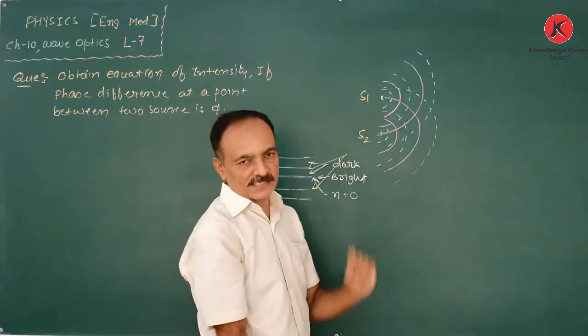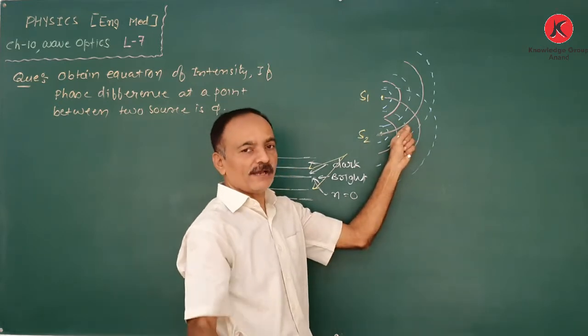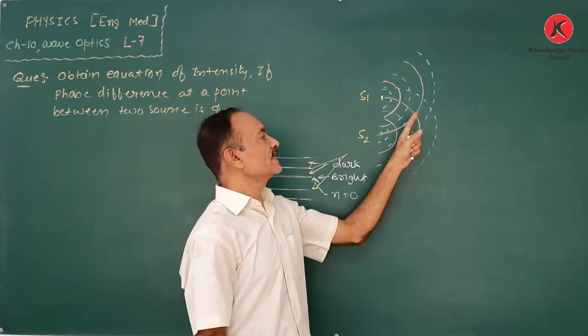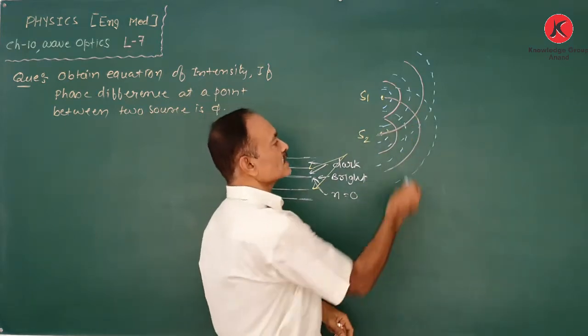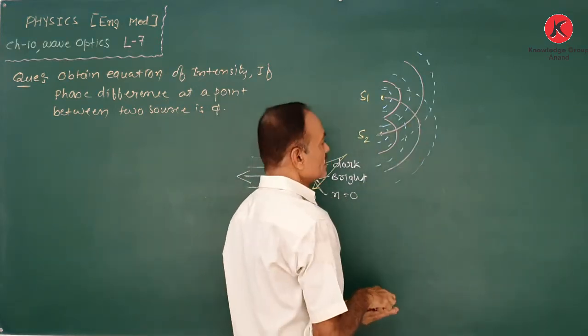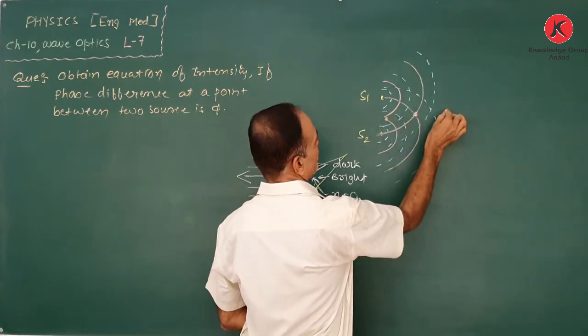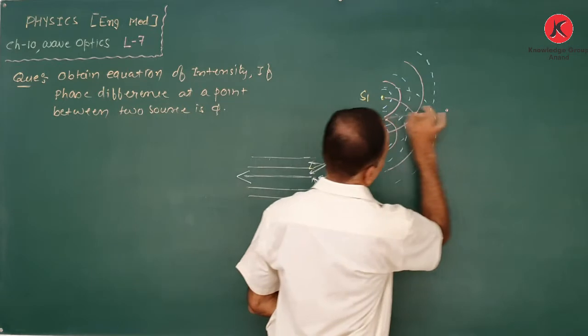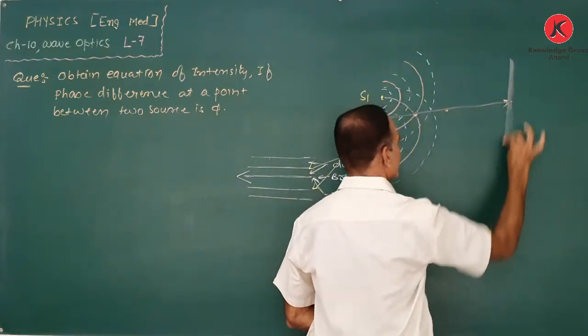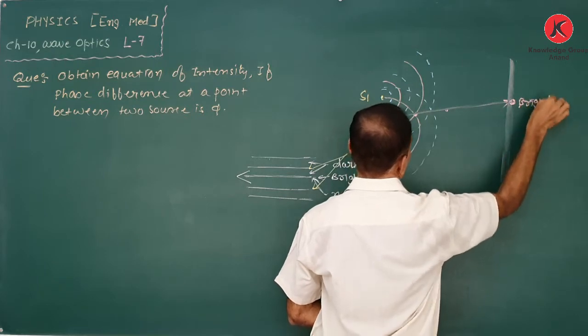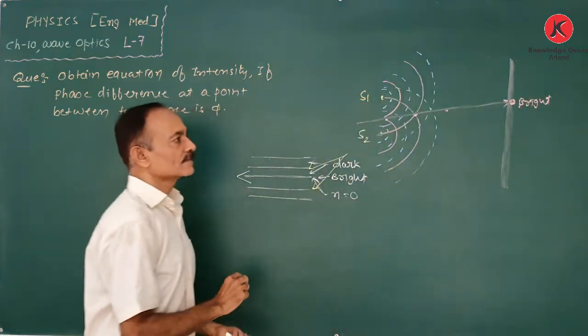During their propagation, the trough of one wave is superposed on the trough of the other, or the crest of one wave is superposed on the crest of the other. So here both crests are superposed, and here also the same way. Corresponding to this line on the screen, this point is bright, and the bright fringe is obtained.